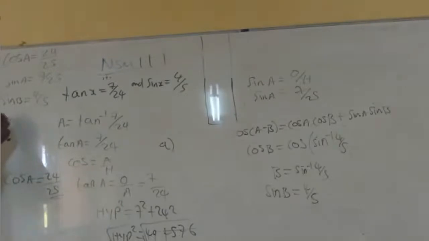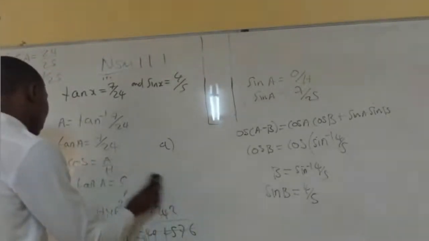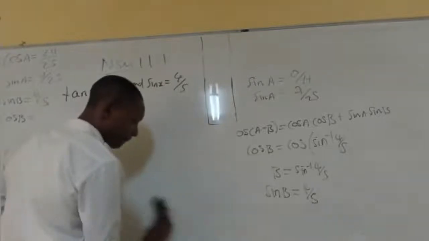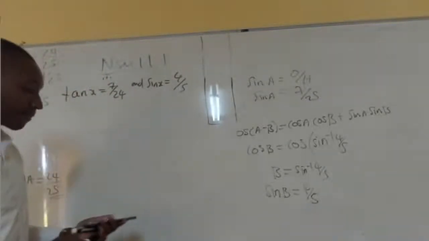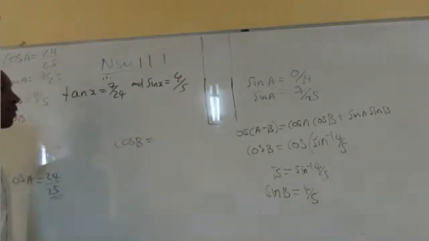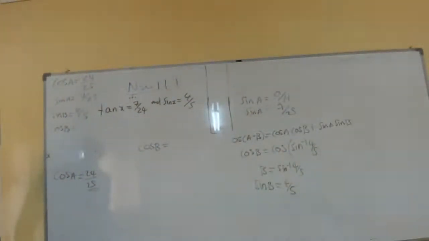We now need cos B. What is sine B? Sine B is 4 over 5.